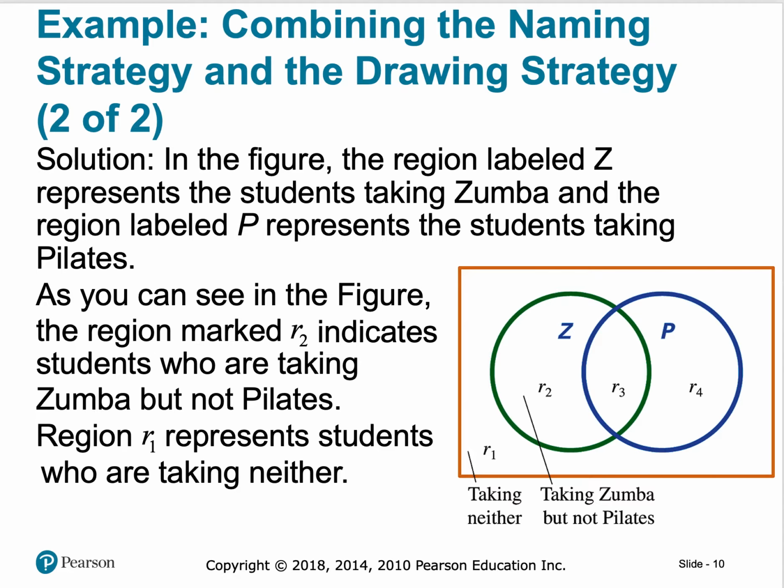And so if I wanted to use, say, a Venn diagram, I would probably label it P for Pilates and Z for Zumba, because I like to keep it pretty simple. And so everyone that takes Zumba would be inside the green circle in region 2. The people who take Zumba and Pilates are in region 3. The people who take only Pilates are in region 4. And the people in region 1 are not interested in being physically fit. They don't want to do either of those things.